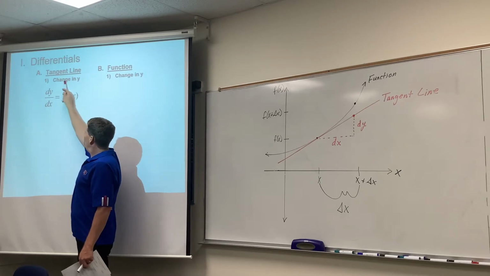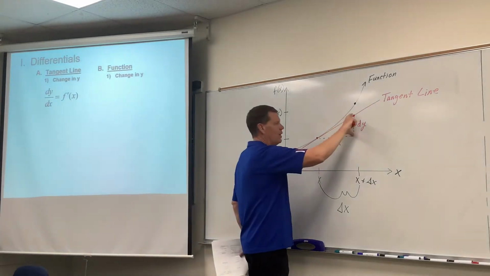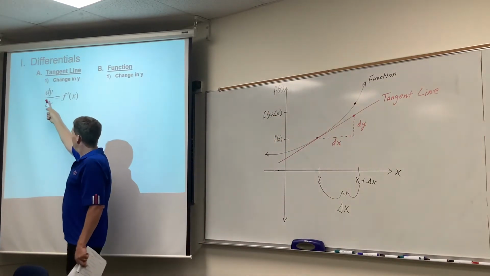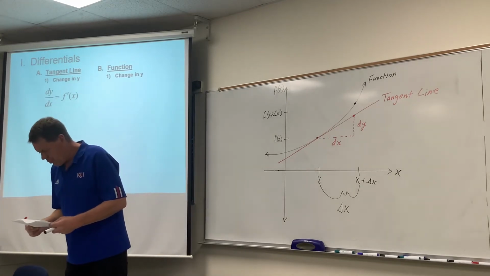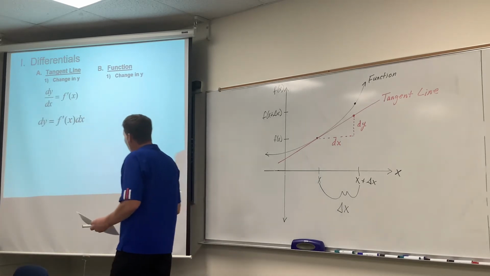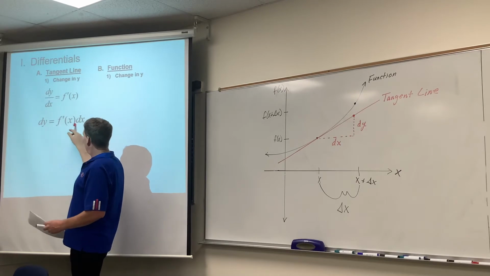And if we only wanted to know what the change in y was, otherwise known as dy, all we'd have to do is treat this like an algebra equation and multiply both sides by dx. I hope this is the order it comes up. And dy, therefore, if you multiply both sides by dx, would equal f prime of x dx.